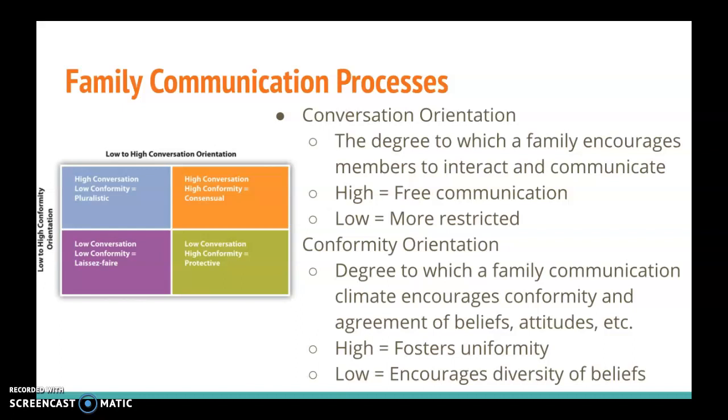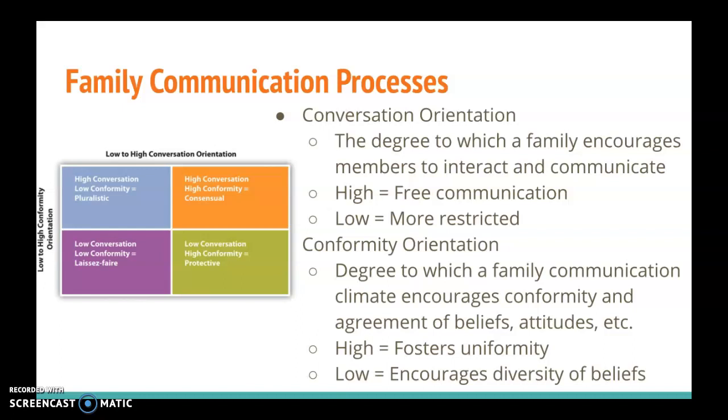We're going to start with the consensual family. A consensual family is high in both conversation and conformity orientations. You can see it in the top right-hand corner of the grid here. The consensual family encourages open communication, but also wants to maintain the hierarchy within the family that puts parents above the children.